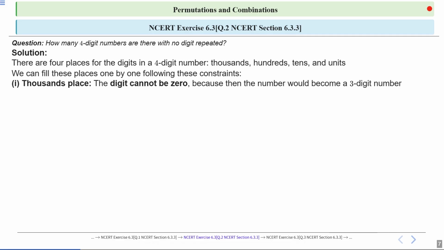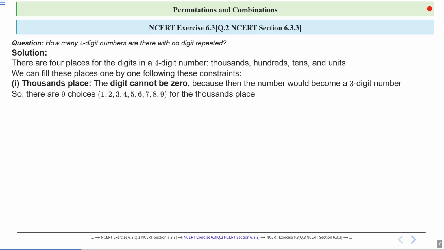For the thousands place, we have a restriction: the first digit cannot be zero. If it were zero, then the number would not be a 4-digit number; the number would become a 3-digit number, but we need 4-digit numbers.